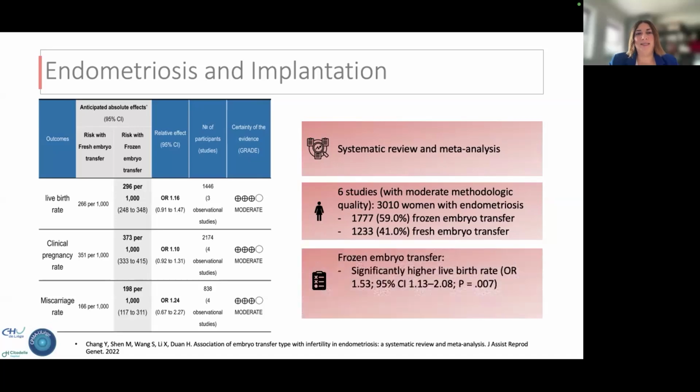And the analysis showed that frozen embryo transfer resulted in a significantly higher live birth rate and a lower miscarriage rate, while the clinical pregnancy rates were similar. These findings suggest frozen embryo transfer may provide better outcomes for endometriosis patients, but further high-quality research is still needed.